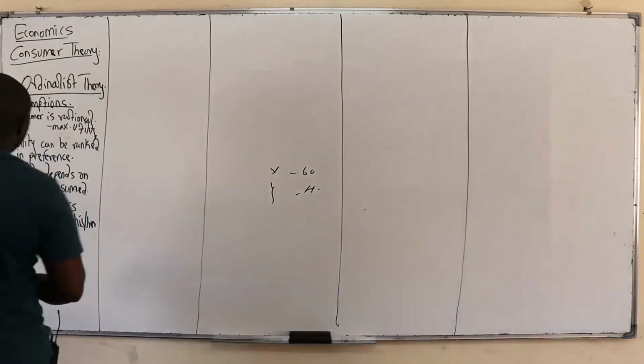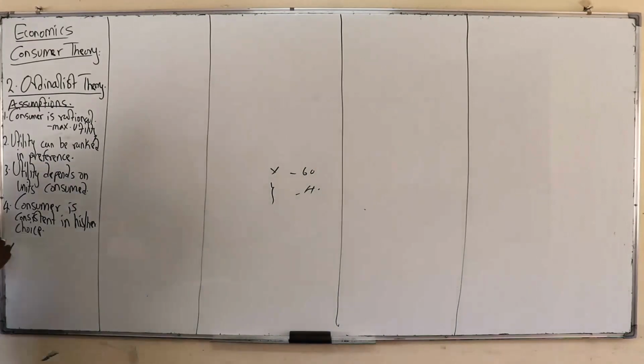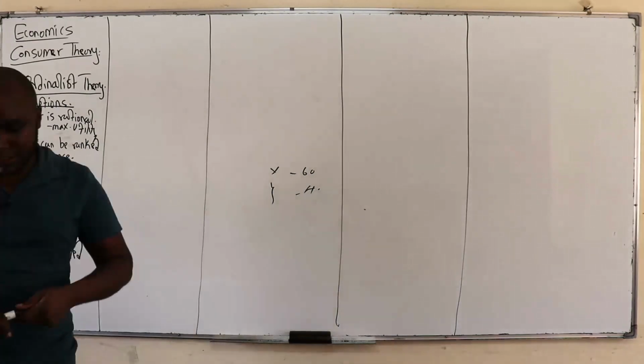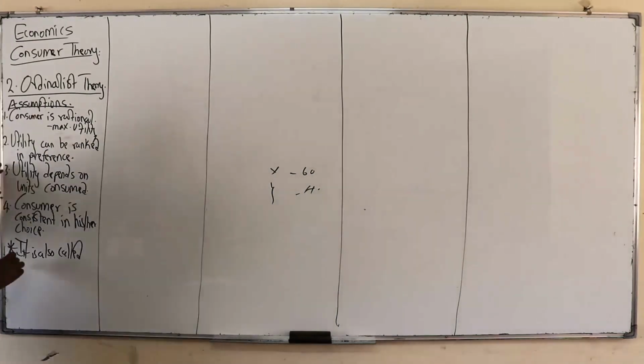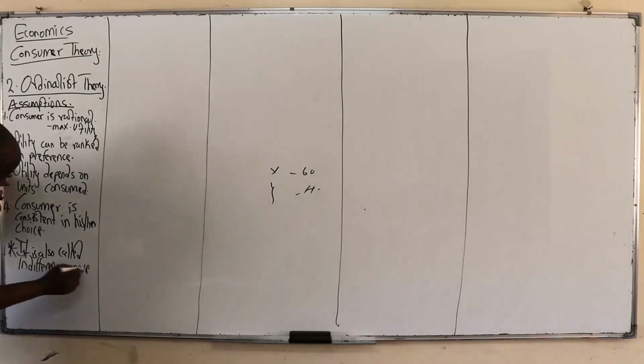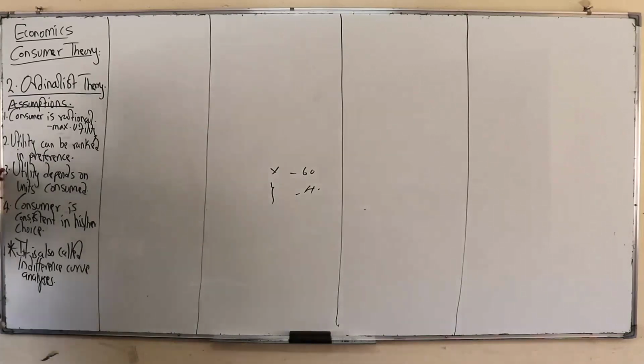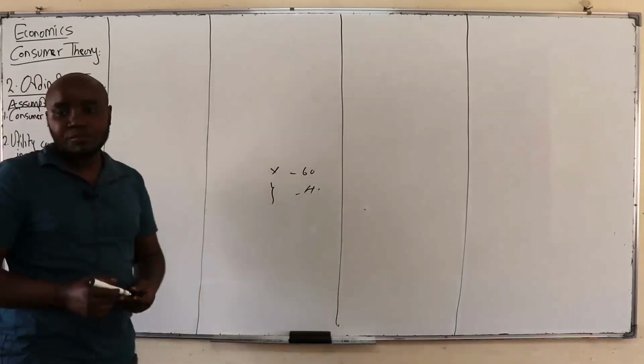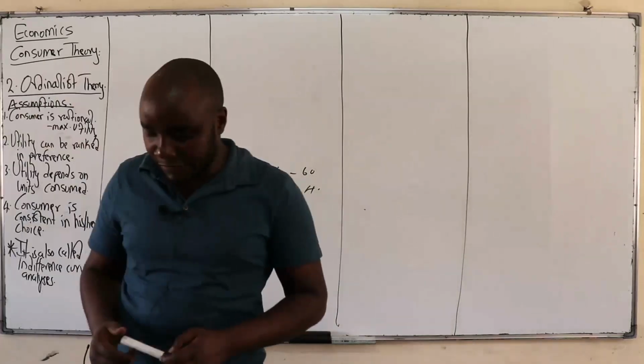It is also called indifference curve analysis. Or in short, when you're talking about the ordinalist theory, all that we shall be using is the indifference curve.